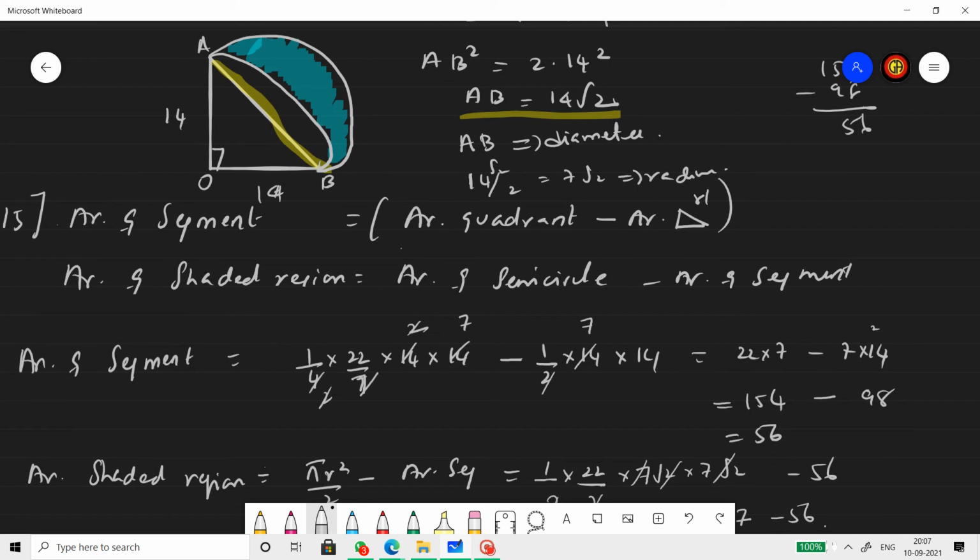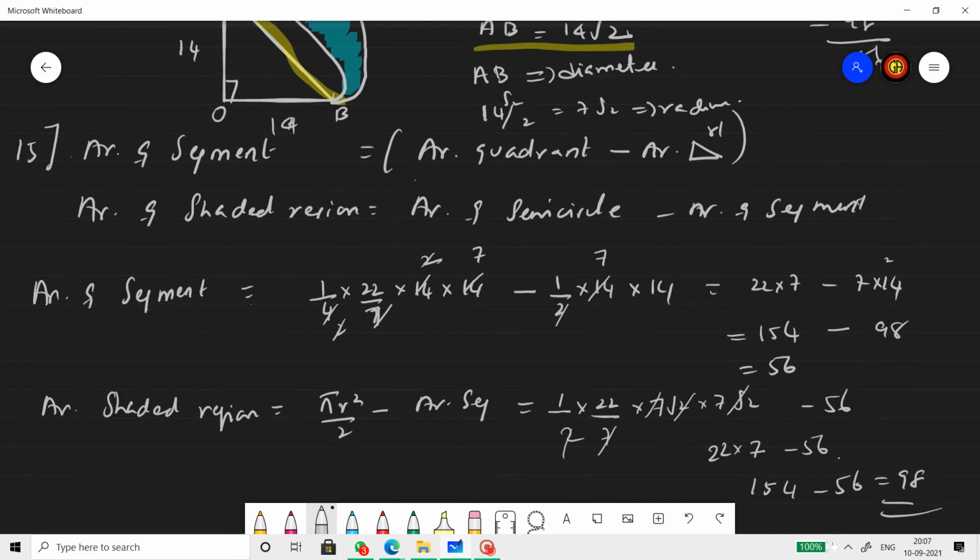Now, the procedure to do it: first finding the area of the segment, which is area of the quadrant minus area of the triangle. Then area of the shaded region is area of semicircle minus area of the segment. So area of the quadrant is 1 by 4 pi r square. R is given in the question, so applying that.